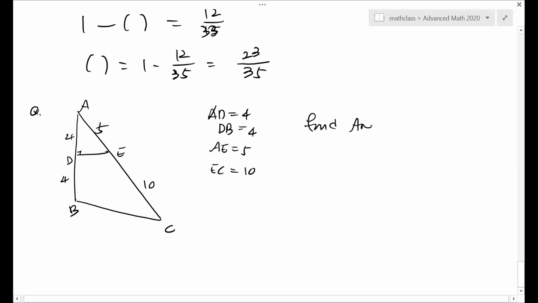We want to find the area of triangle ABC. Maybe we can even find BC, but it's very complicated. BC is determined by an algebra equation.